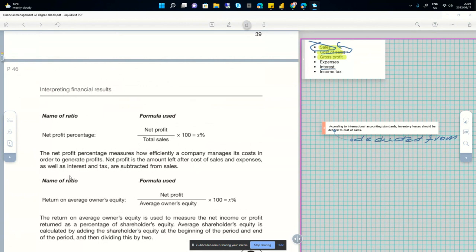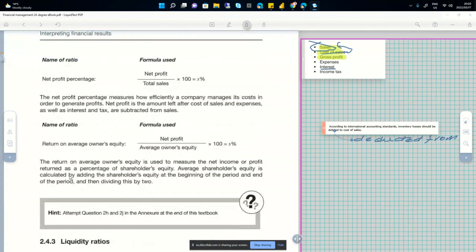And then we have the return on average owner's equity. Very important. This is also very much used in the financial world, especially by investors. They will look into something like this.